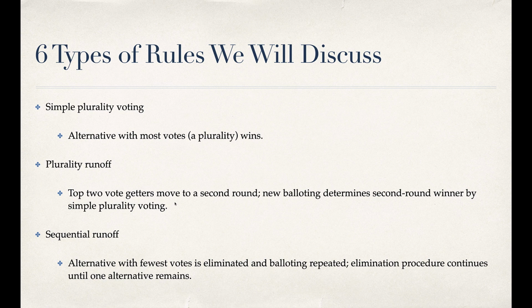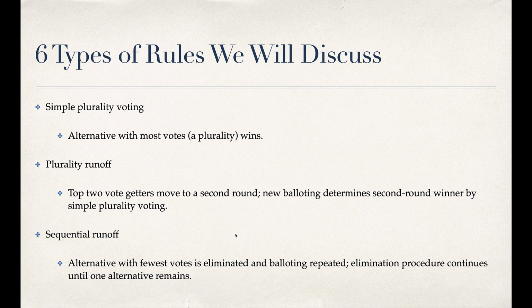You run the simple plurality, and then you take the top two and you run the ballot again. Sequential runoff is another version of this. In sequential runoff, you run the plurality vote, and then you throw out the person who gets the least number of votes in the first round. And then you vote again. And you just keep doing that until you have two, and then you run the plurality voting.